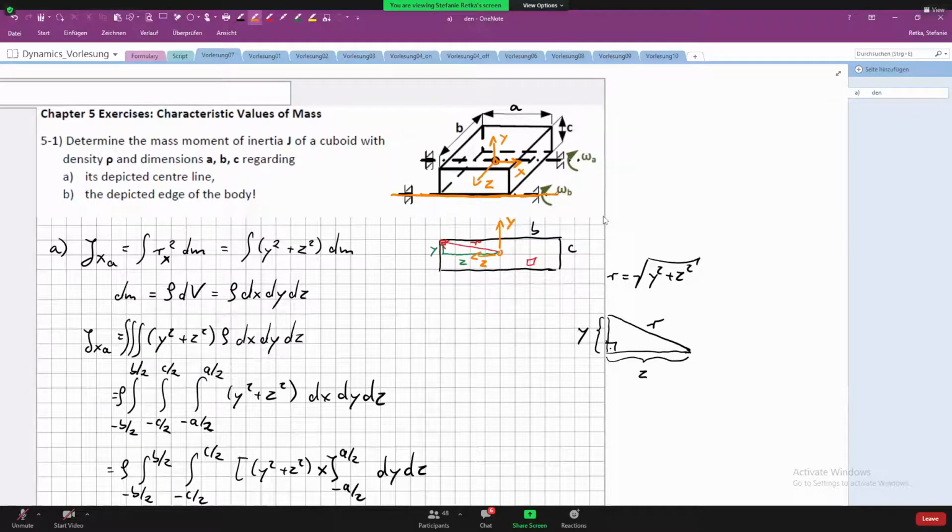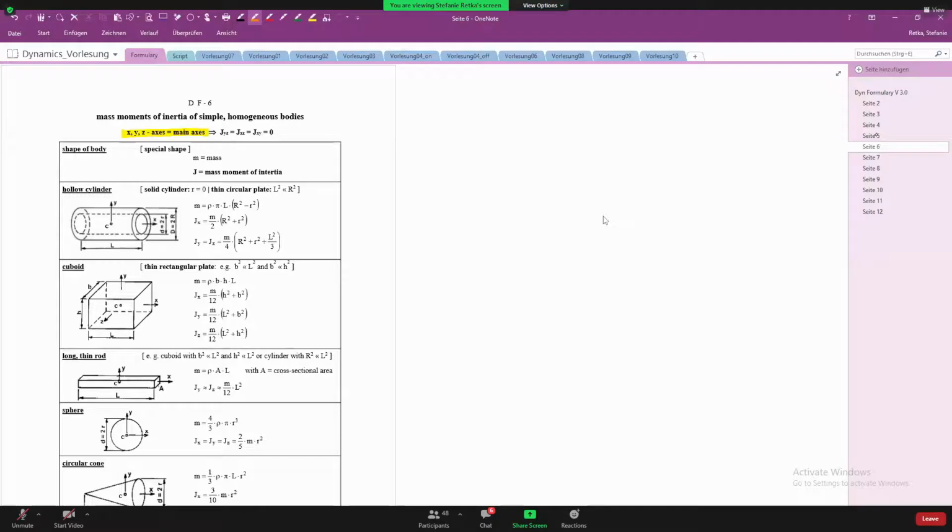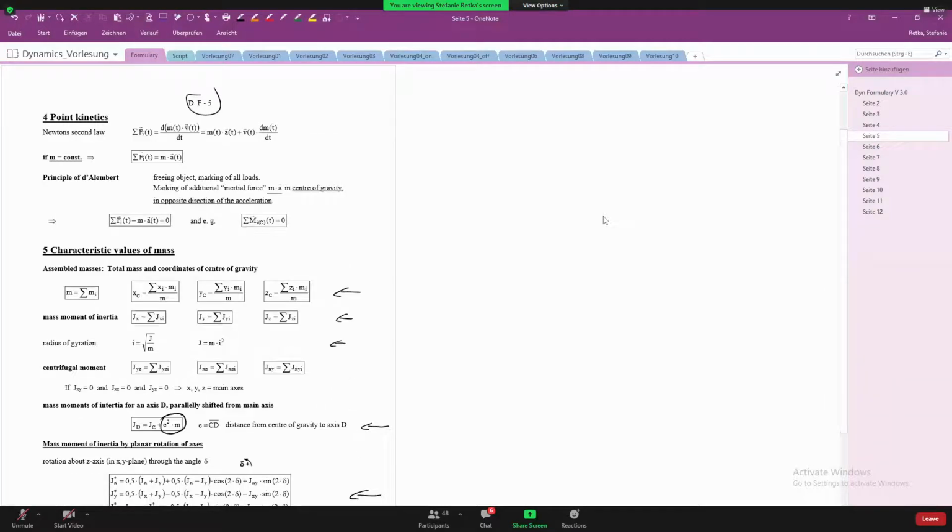Now in this case, the axis of rotation is parallelly shifted to our original axis of rotation. And for this, I have a formula as well. On the previous page, it's already marked. So it's this line right here. In case of a parallelly shifted axis from a main axis, we have to include the Steiner share to our mass moment of inertia.